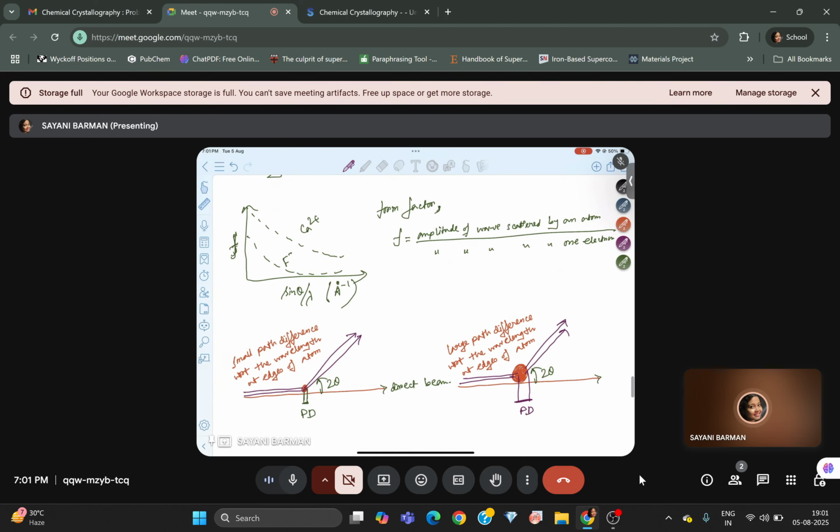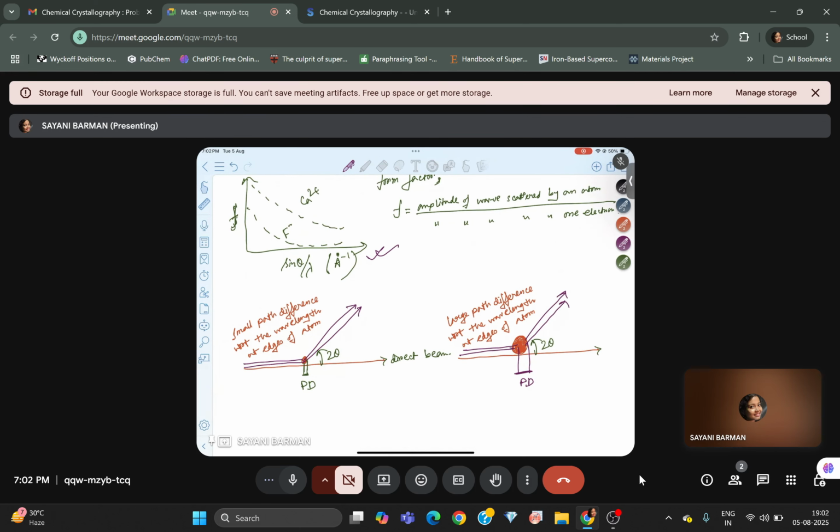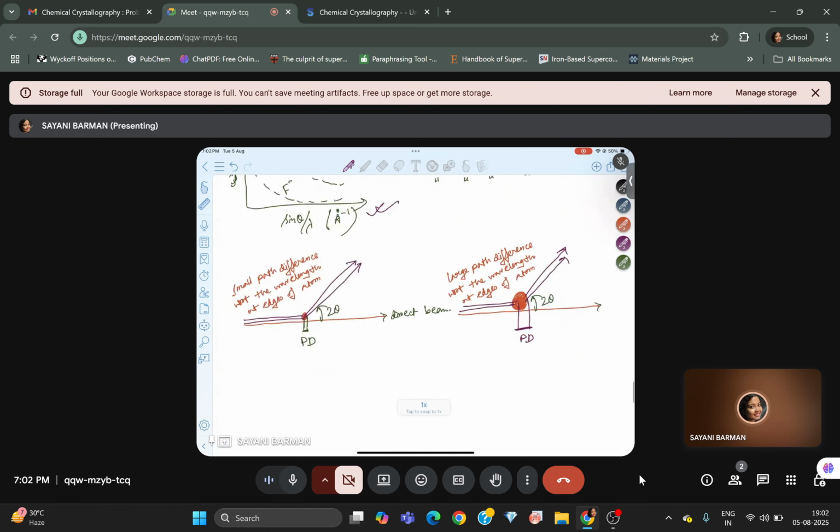So from here we can describe this plot: the large atoms have a higher form factor, and in the case of smaller atoms, those are lower. If we arrange some atoms by giving some examples, it will be clear.